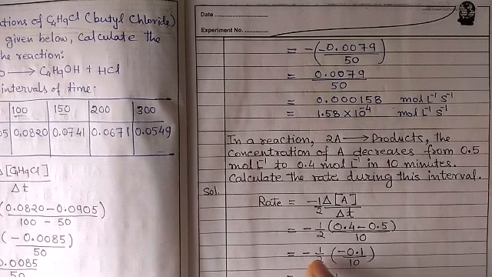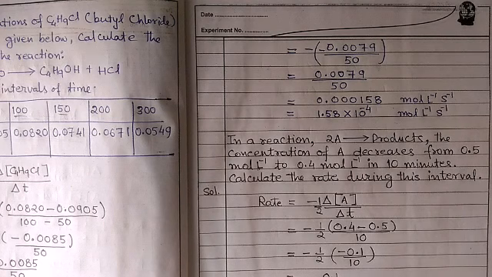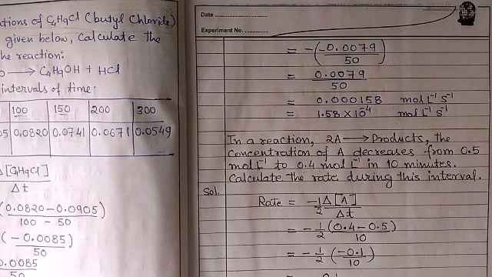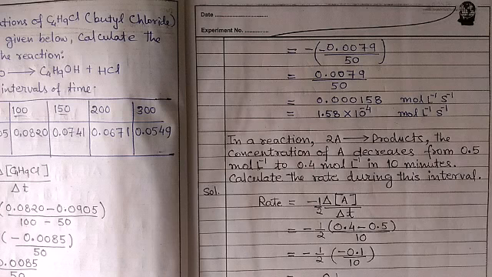Negatives are cancelled, they become plus, and 2 is multiplied with 10. On calculating further, this is going to become 0.005. Now what will be the unit? We have concentration, mole per liter per minute. This will be the answer for this particular problem.